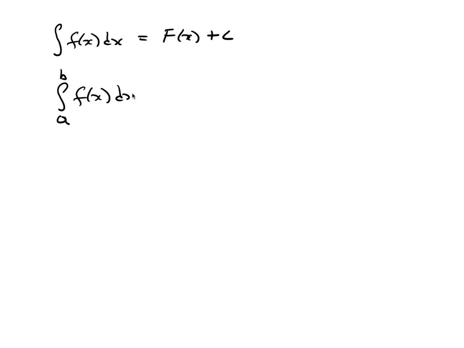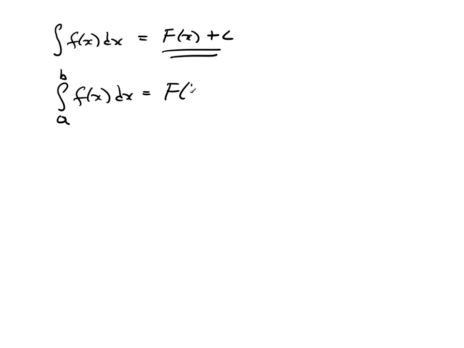Now, something that you may have noticed is that if I would have done the indefinite integral of f of x dx, that would give me the antiderivative plus c. But nowhere in here did you see a c. Well, the reason for that is if I do this from a to b, f of x dx, what I get is this evaluated at b minus this evaluated at a.